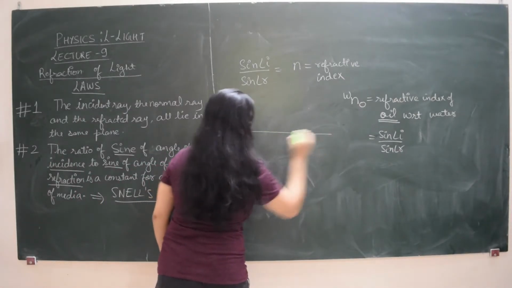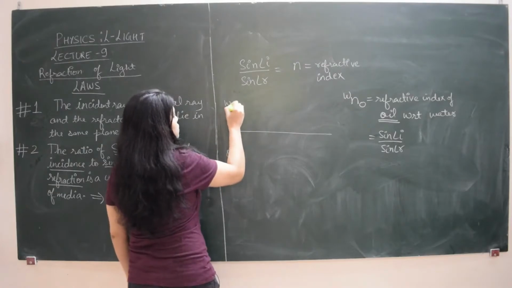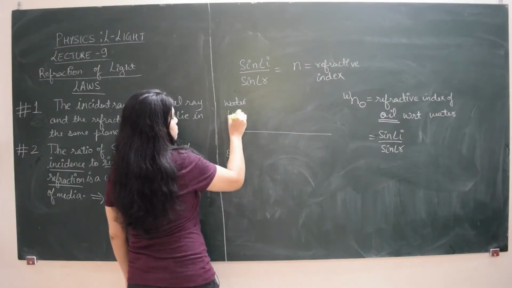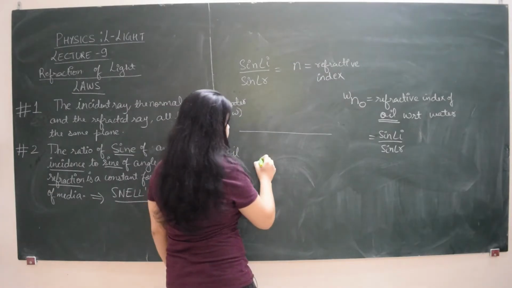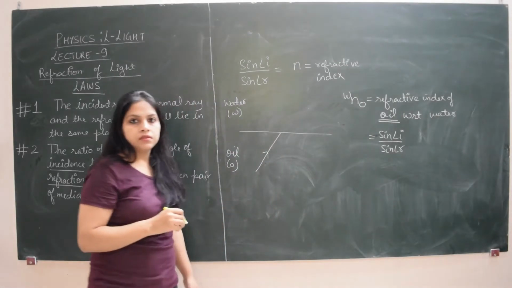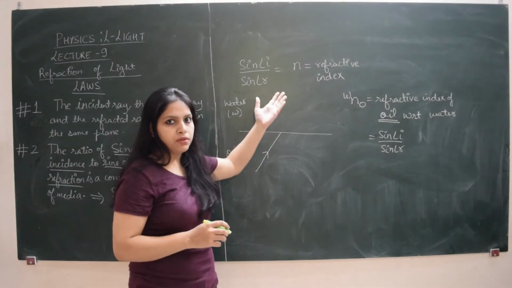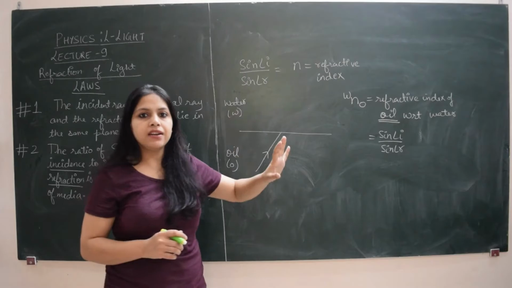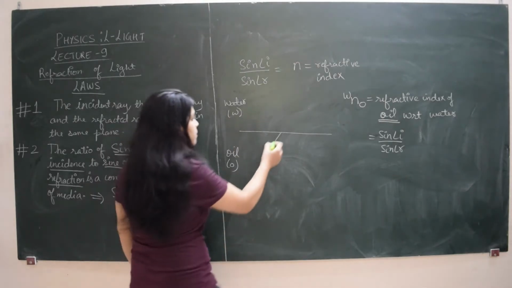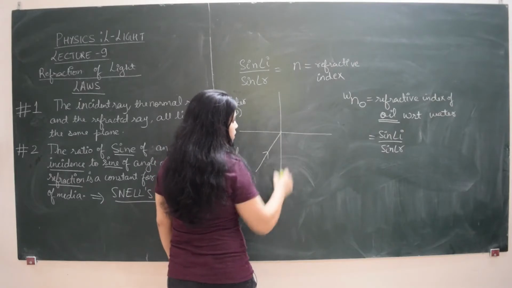Once again this is oil, symbol O, and this is water, symbol W. What I am saying now is that the incident ray is moving from oil. It is not necessary that the first medium will always be at the top. First medium means the one in which there is the incident ray, second medium where there is the refracted ray. So the ray is coming from oil, and this is the normal.